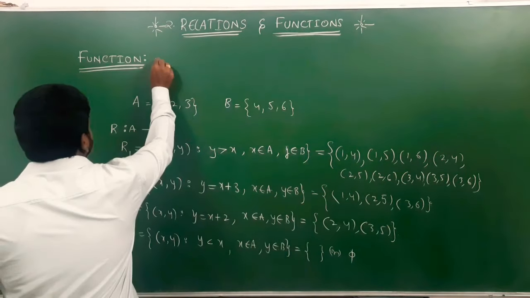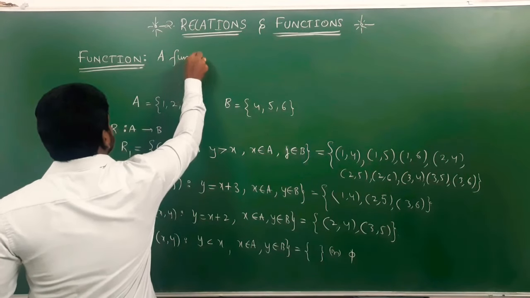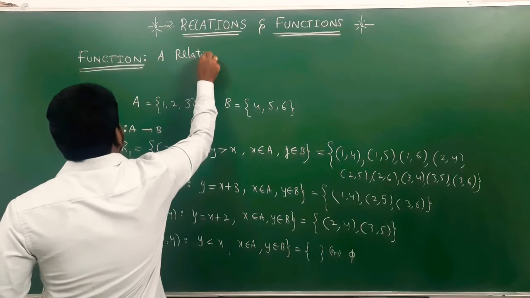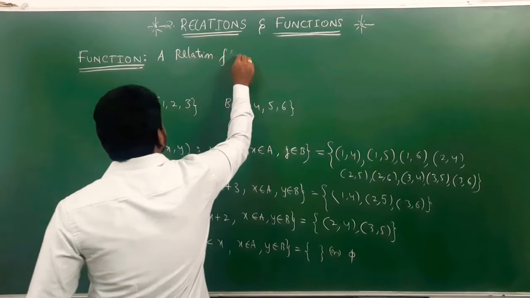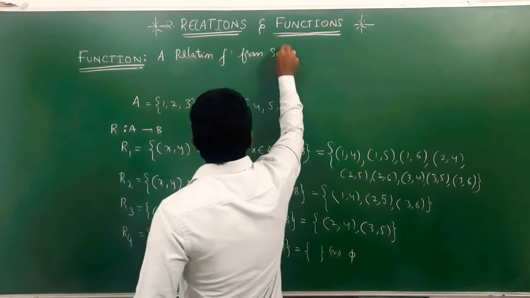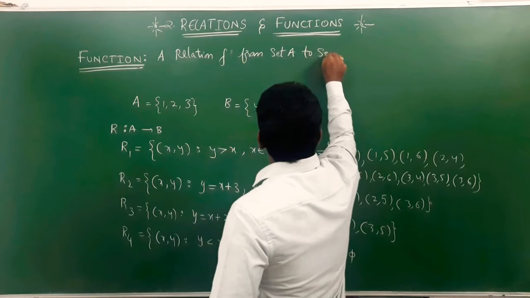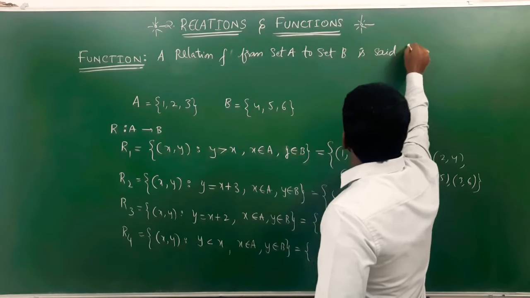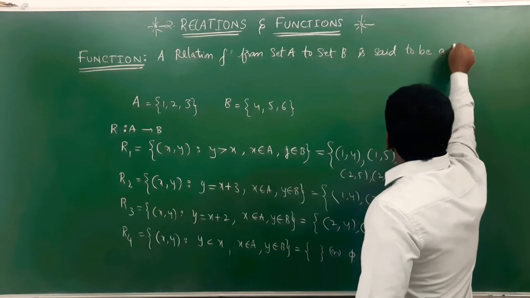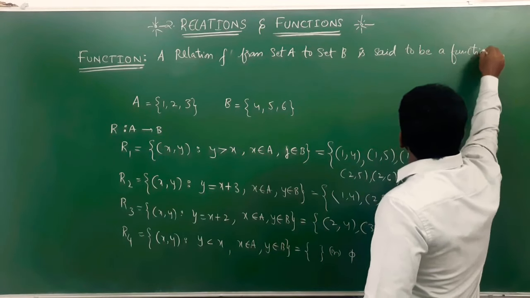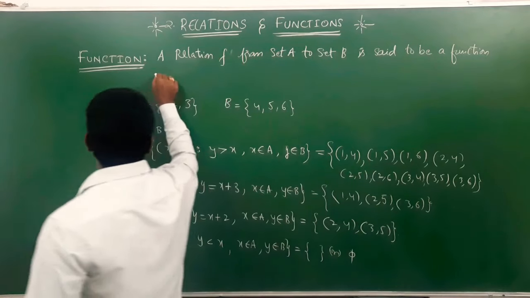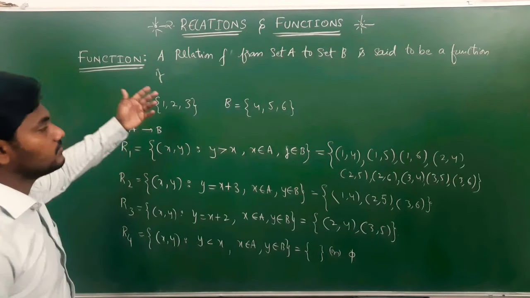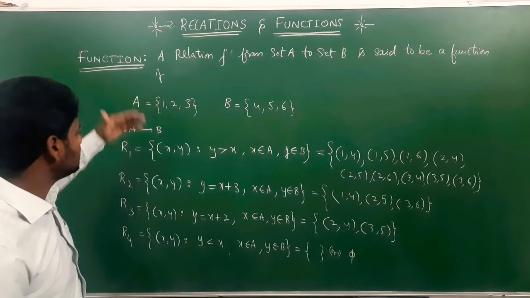A relation f from set A to set B is said to be a function if a certain condition holds. So a relation is also a function sometimes. That means a function is a relation.